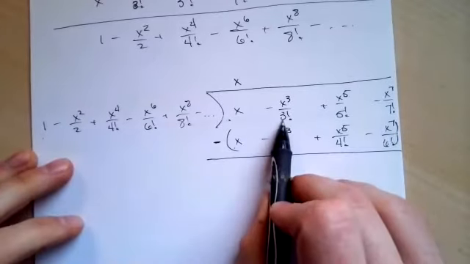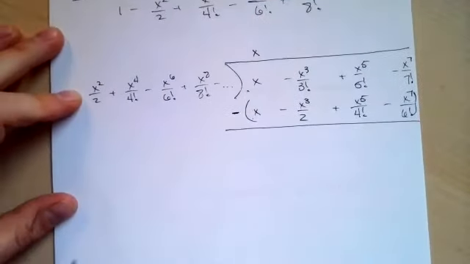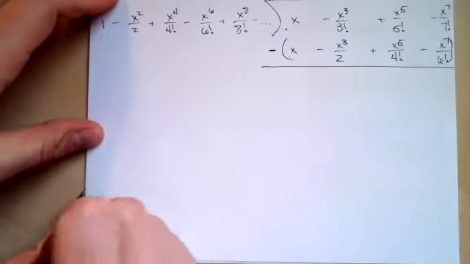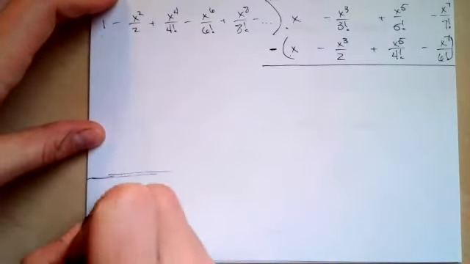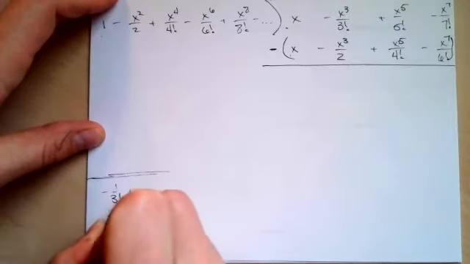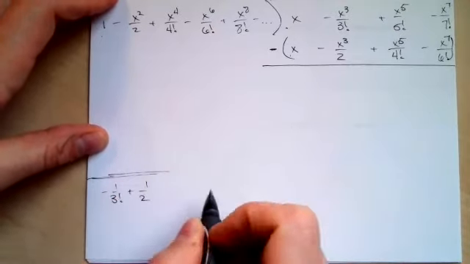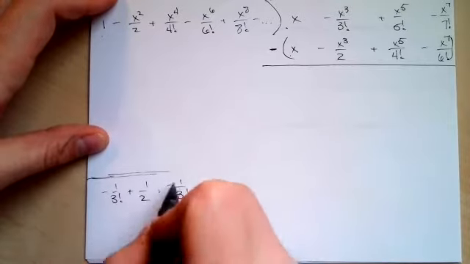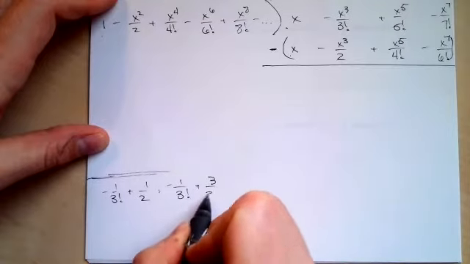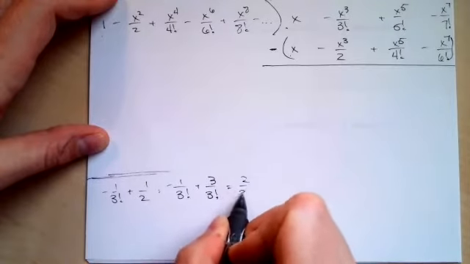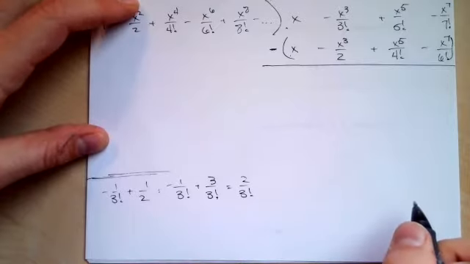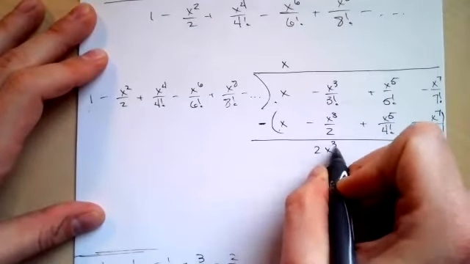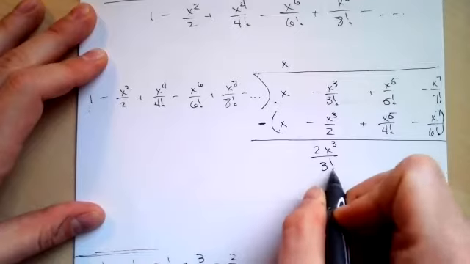So what is this going to be? Let me see if I can try to get it on the page for our x cubed. We're going to have a negative 1 over 3 factorial plus 1 over 2. So that's going to give us negative 1 over 3 factorial plus 3 over 3 factorial, which gives us 2 over 3 factorial. So here we will have 2x cubed over 3 factorial.